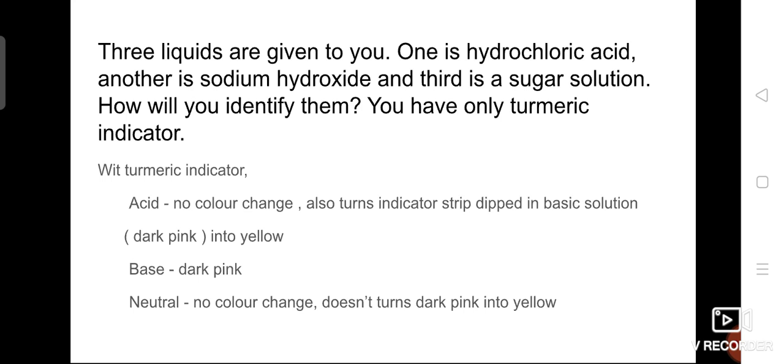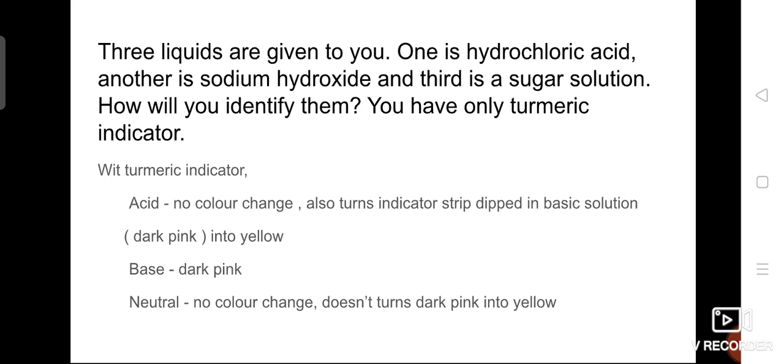First, what we have to do is take three samples, that is acidic hydrochloric acid separately, sodium hydroxide separately, and sugar solution. First dip the indicator in hydrochloric acid. When the turmeric indicator is dipped in hydrochloric acid, it never changes its color. It remains yellow as it is.